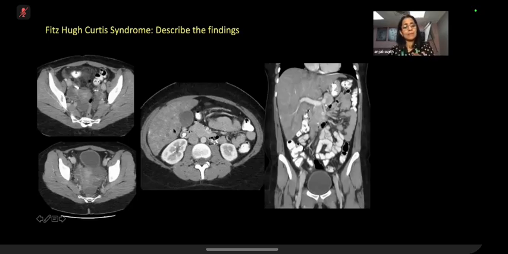So this lady presented with, this is a case from the online resource, Radiopaedia, I think. So this lady presented with acute onset of right upper quadrant pain and with a background of pelvic inflammatory disease. And when you image, if you see focal enhancement of the liver capsule, then that is in keeping with Fitz-Hugh-Curtis syndrome.